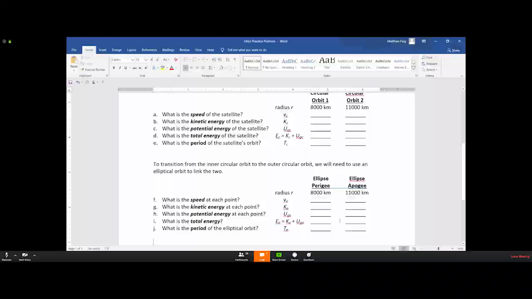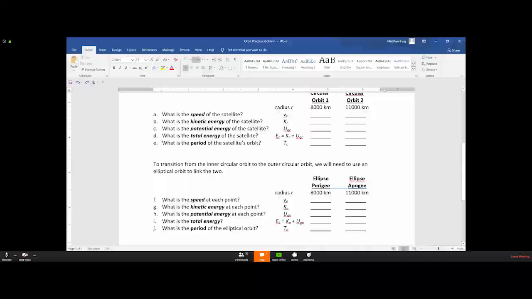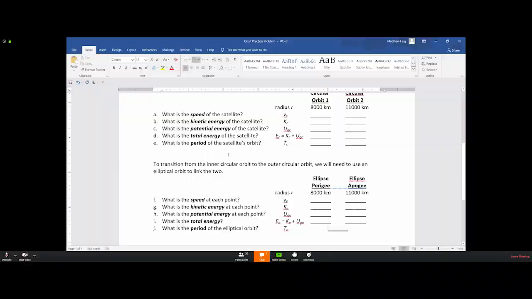And period refers to the entire orbit. So that's just a single number. So actually, I didn't mean to really have 2 blanks here. I just meant to have 1 blank. And I think I'll change that. That's what I meant that to look like.